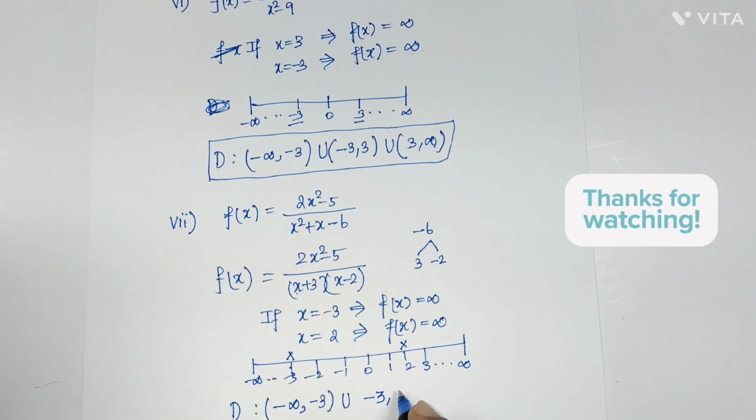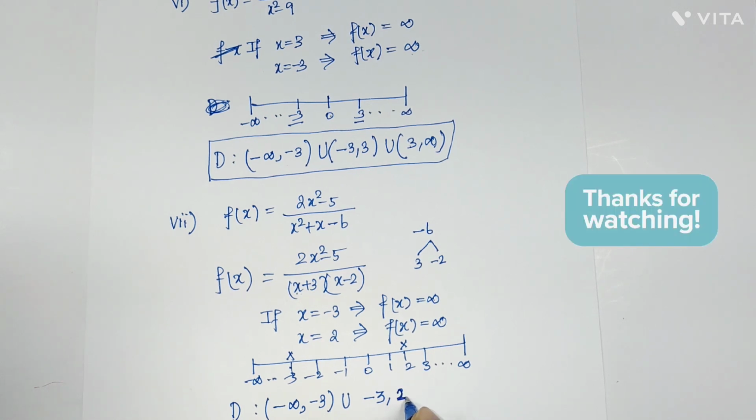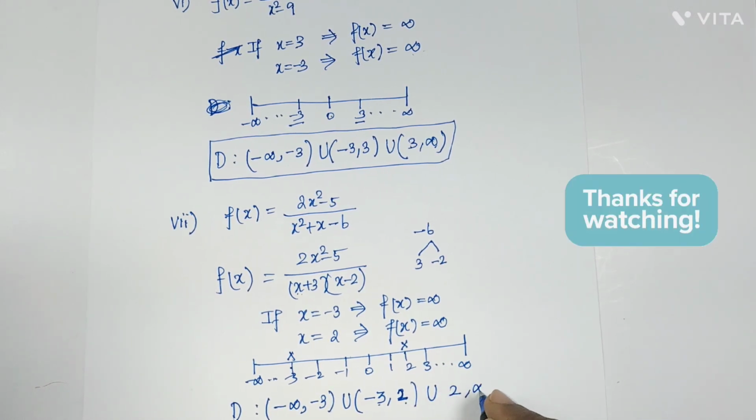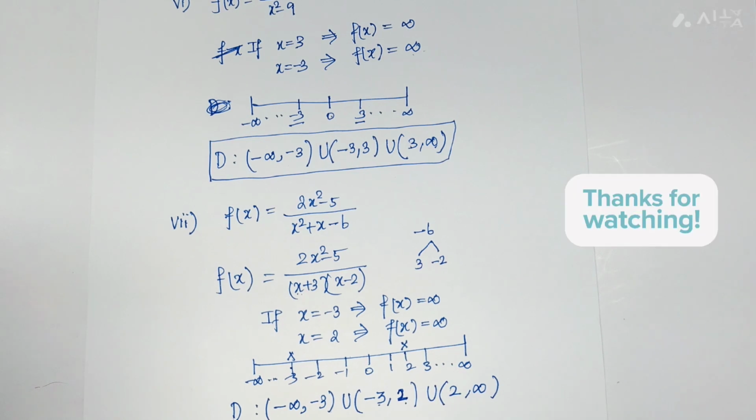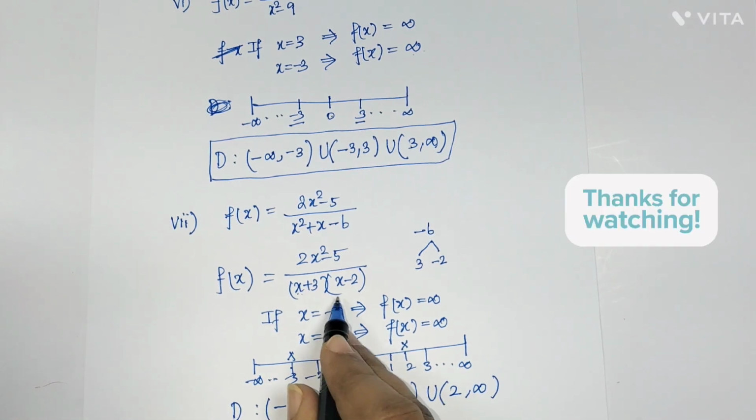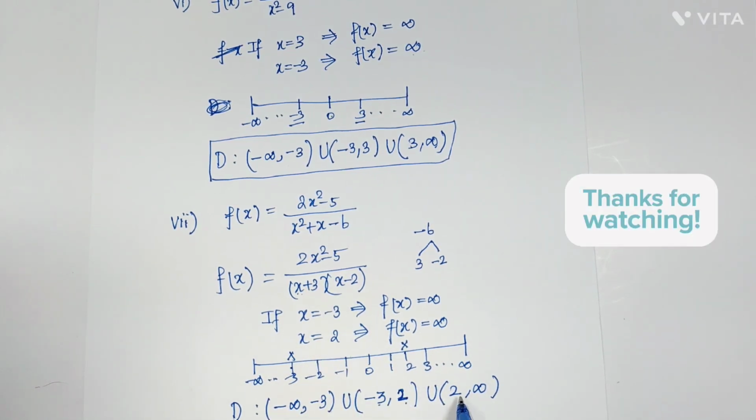And union of minus 3 to 2. That means this 2 and minus 3 again are not included, and the union of, I'll write, 2 to infinity.